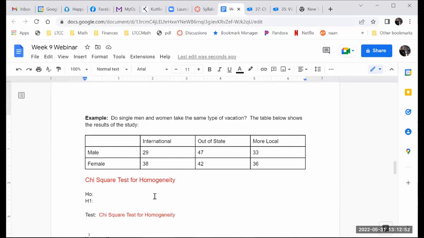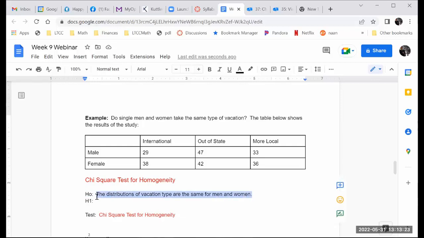All right, so our H0 is going to be the following: the distributions of vacation type are the same for men and women. Any questions on H0?